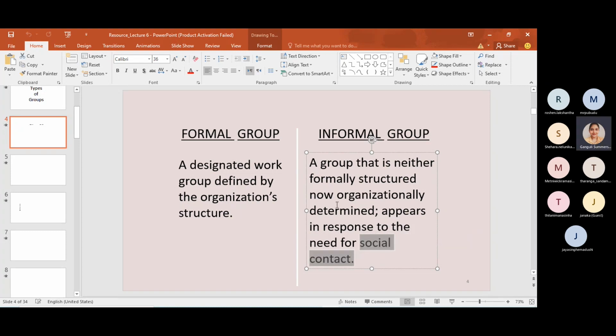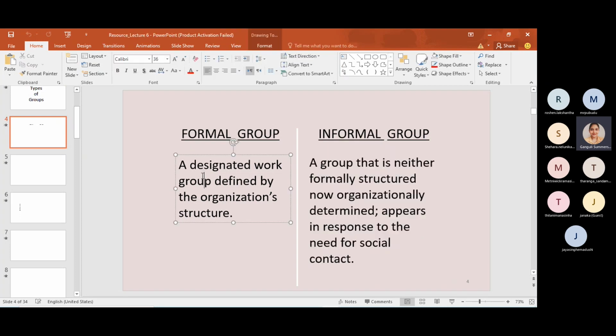Hanging out with your friends can be considered an informal group, because hanging out is not an organizational objective or goal. You hang out with your friends to have fun and have a good time.